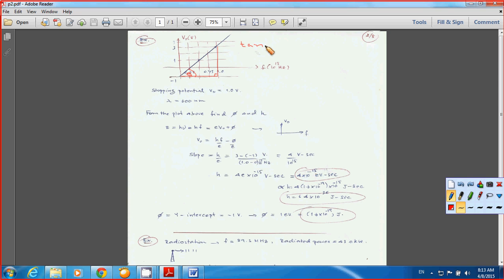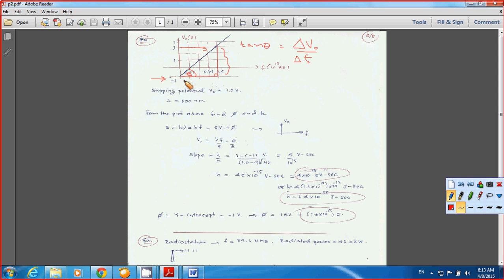And what is the slope of the line? The slope of the line is simply equal to tan theta, which is equal to delta V0 divided by what? Delta f, correct? For delta V0 here, I have 3 minus 1, divided by delta f.